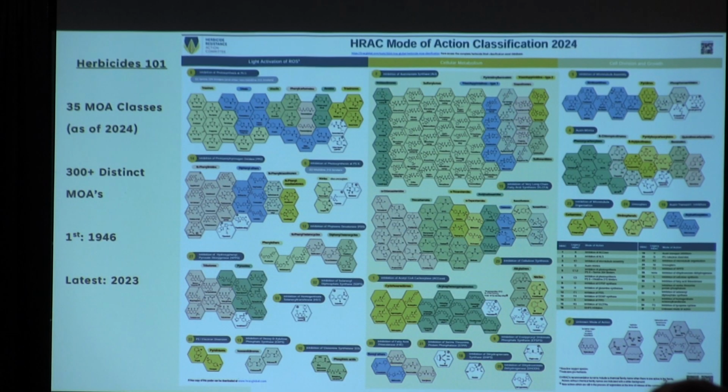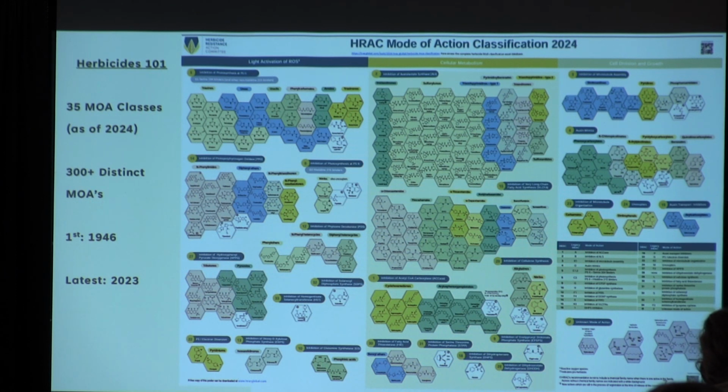All right. This chart is interesting. It's the newest one from the 8-track. This is Herbicides 101. This is every single herbicide mode of action known to mankind today. And I've been giving variations of this presentation for the last decade. And I can recall, I think 8 years ago, where we had 28 modes of action.